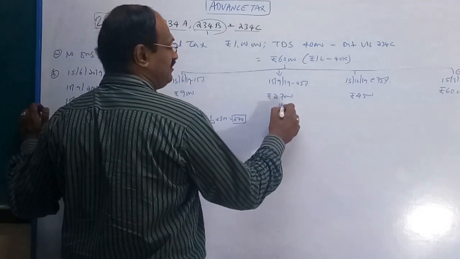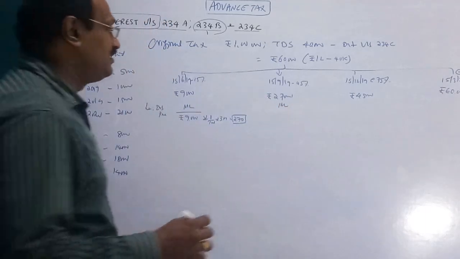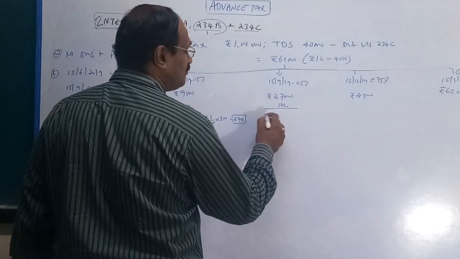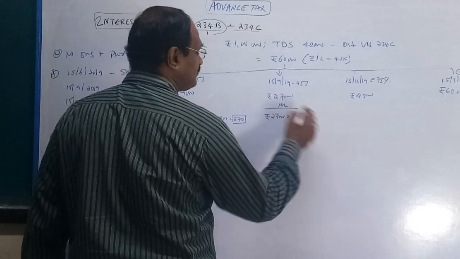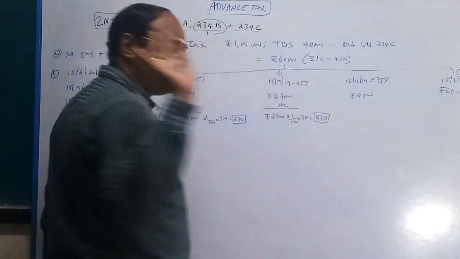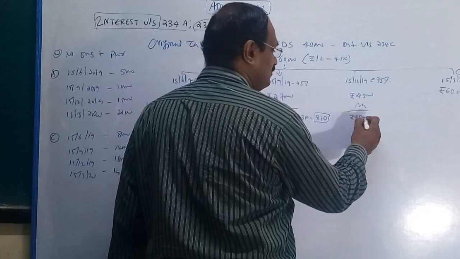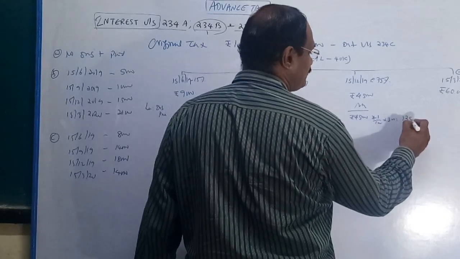Next, nil. So already we charged 9,000. Balance how much are we able to charge? So next 27,000. Installment is less. So 27,000 into 1% into 3 months, 810. Next nil. 45,000 into 1% into 3 months. So 450 into 3, 1,350.